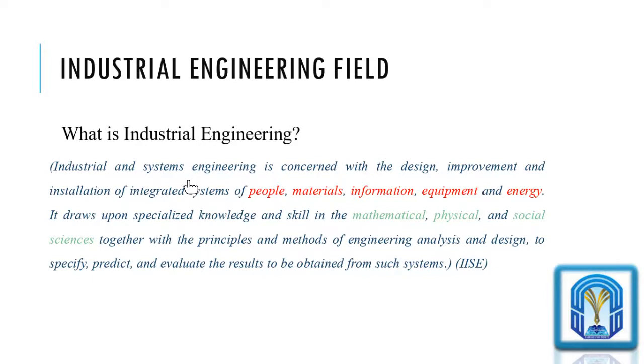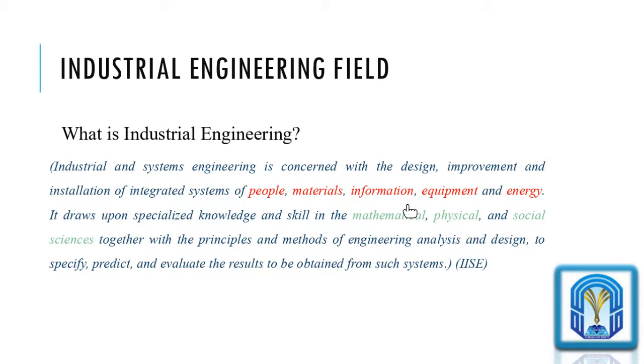Then, by integrating the people with the information and dealing with complex systems that carry all these factors, there was a need for systems engineering, because those things are applicable not only in manufacturing but also in the service industry or any other industry like healthcare or education.